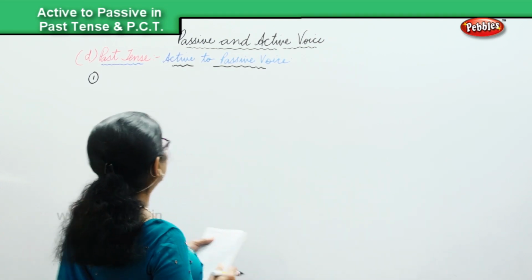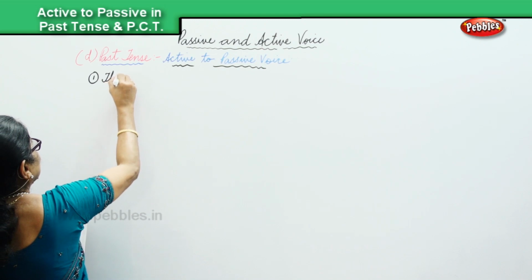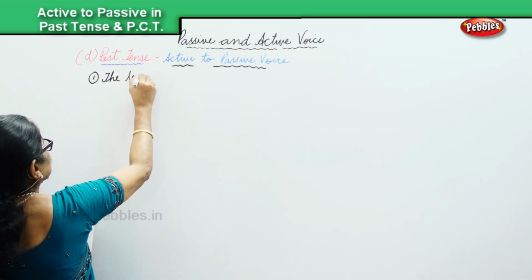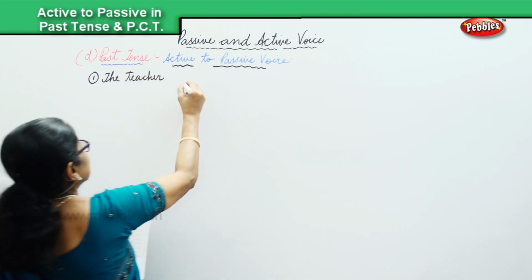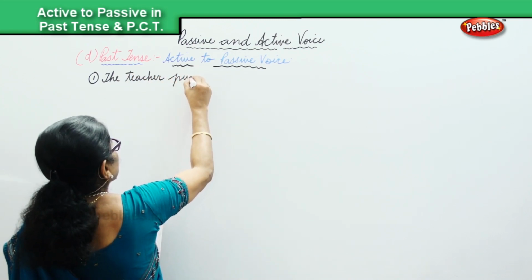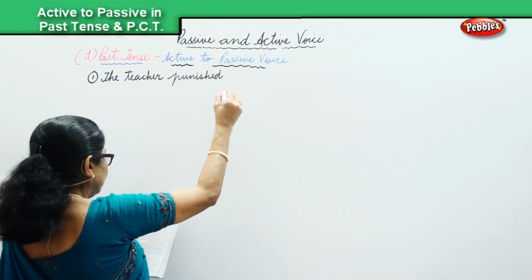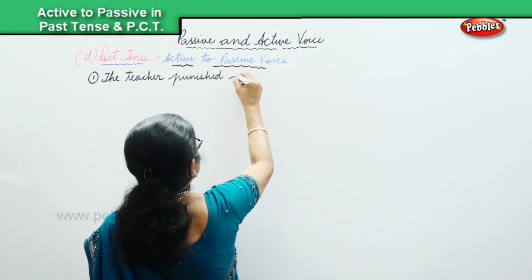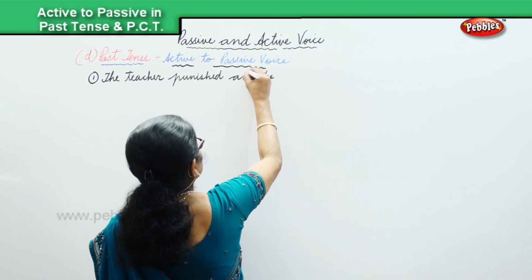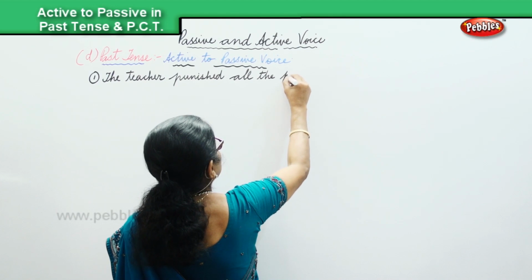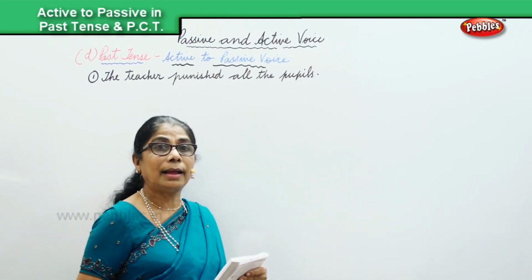The teacher punished all the pupils. Not one, all the pupils. And that is in the active.